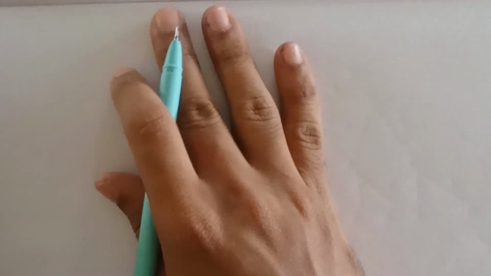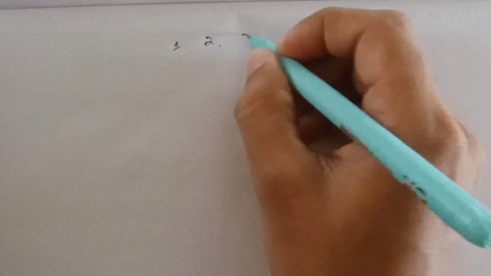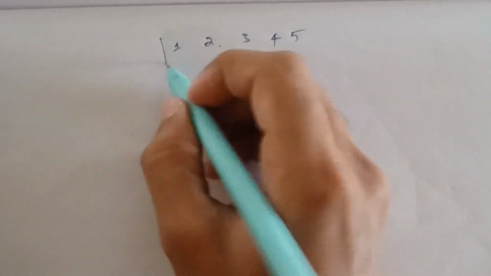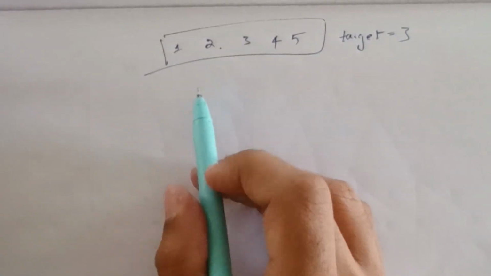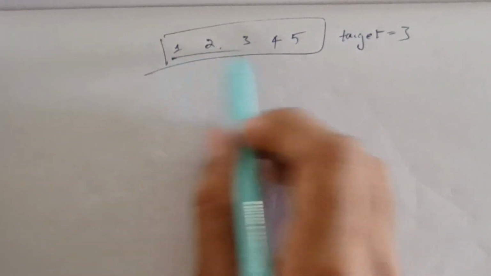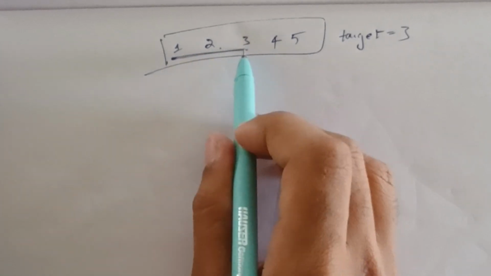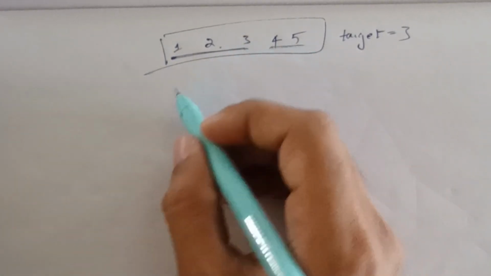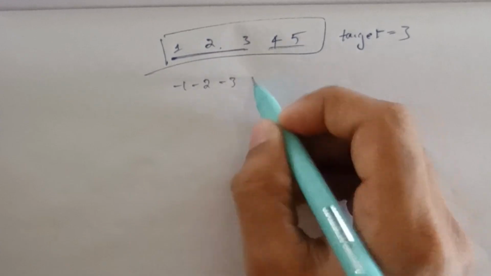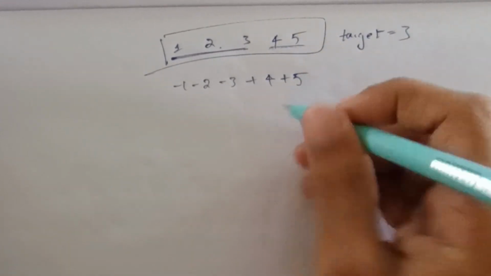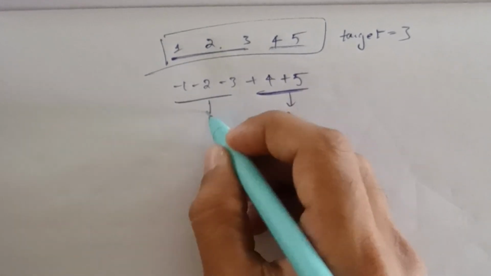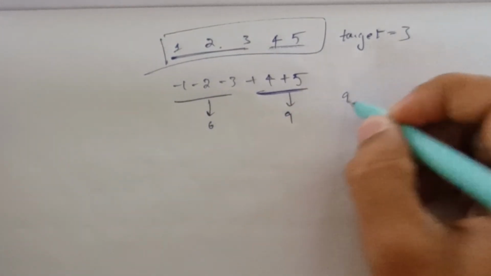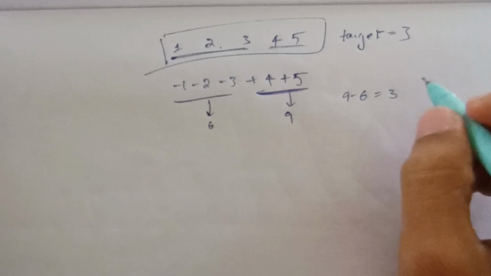Look at the correct solutions: 1, 2, 3, 4, 5, and the target is 3. Consider -1, -2, -3, plus 4, plus 5, then here we got 9 and here we got 6. 9 minus 6 is equal to 3.